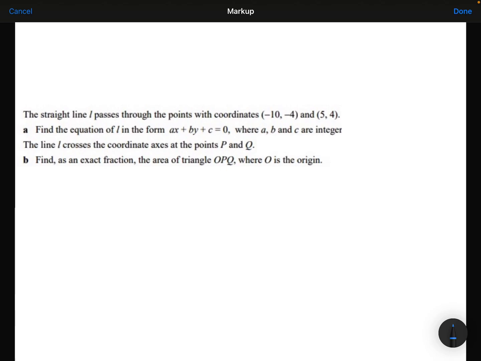So let's work out the gradient of line L first of all by doing the change in the y coordinates divided by the change in the x coordinates. So the change in the y coordinates, we've got 4 minus -4.